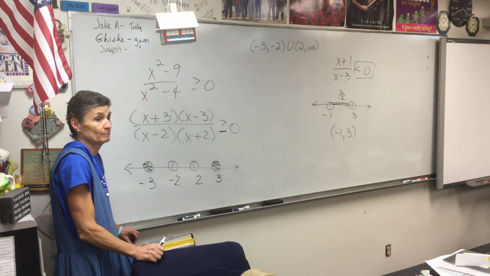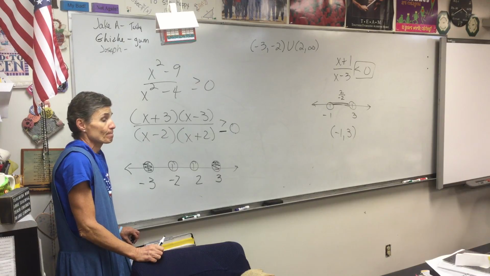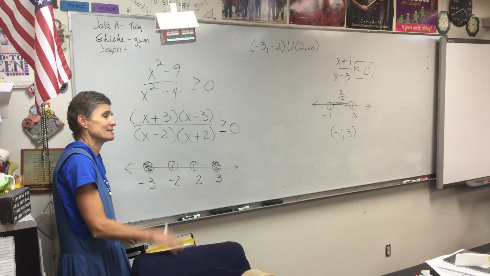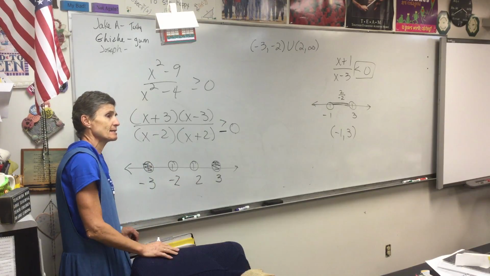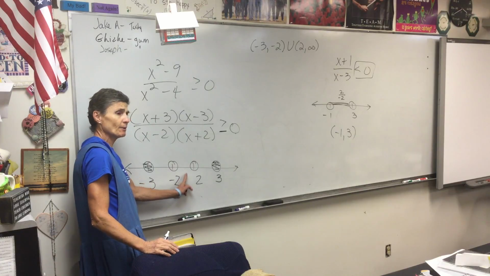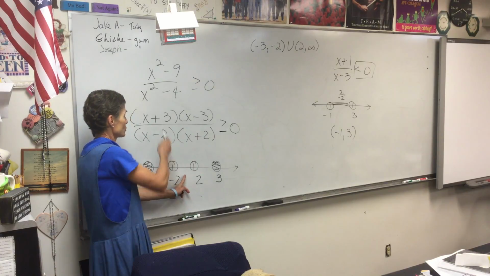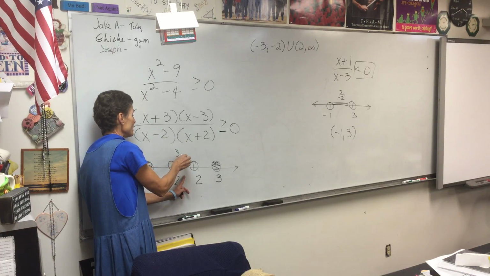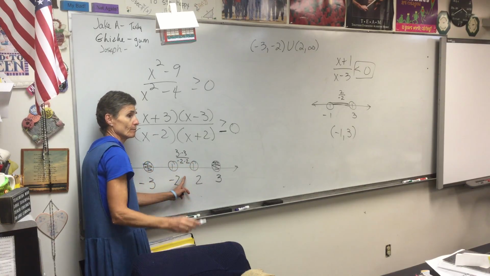Okay, now what do I do? Pick any number I want. And you know what? I'm going to pick 0. 0 is like the easiest number. We've been picking other things. I'm going to pick 0. 0's right in here. So here I go. I'm putting in zeros. What do I get? 3 times -3 over -2 times 2.